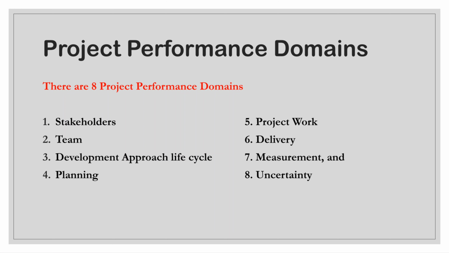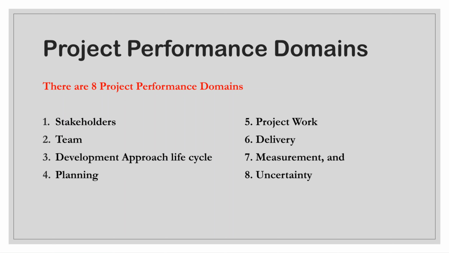A project performance domain is a group of related activities that are critical for the effective delivery of project outcomes. Performance domains run concurrently throughout the project. The study of these domains is very crucial if you want to clear your PMP or CAPM certification. In this video, we will see the very first domain, which is the stakeholders performance domain, in detail.